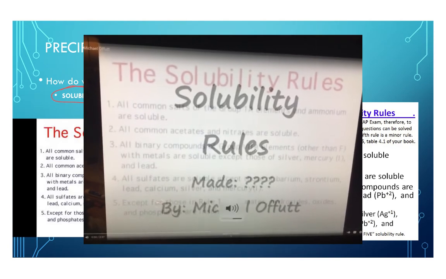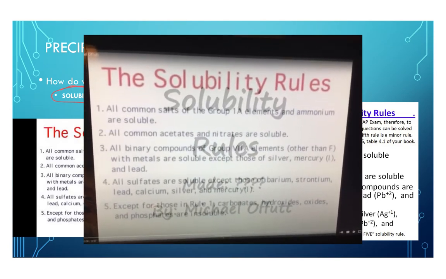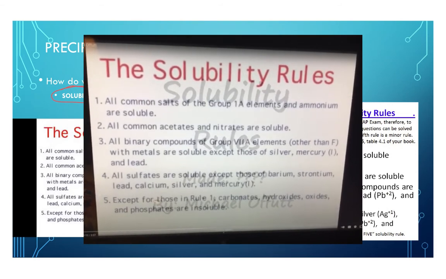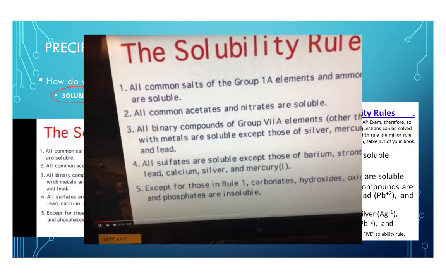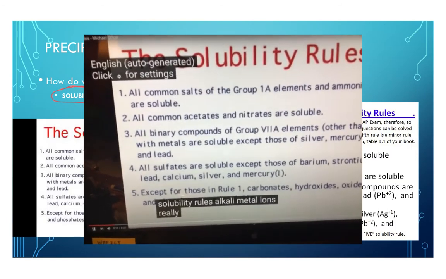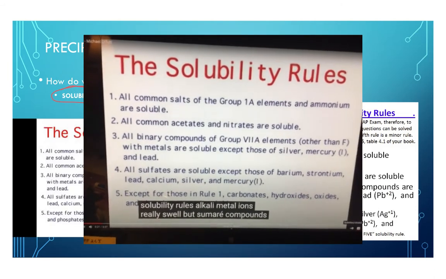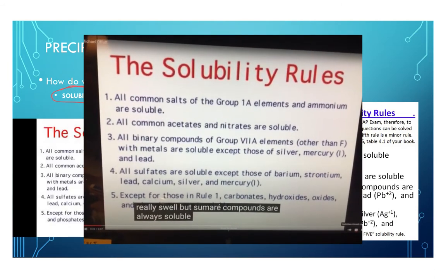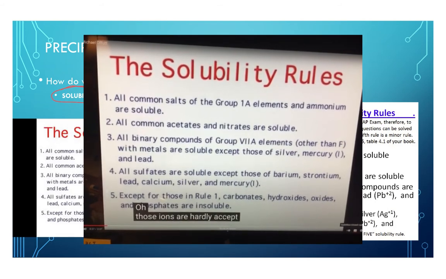Solubility rules, they're really great. They help predict precipitation. What a marvelous tool. Solubility rules. Alkali metal ions are really swell. Assume their compounds are always soluble. Those ions are hardly precipitators.